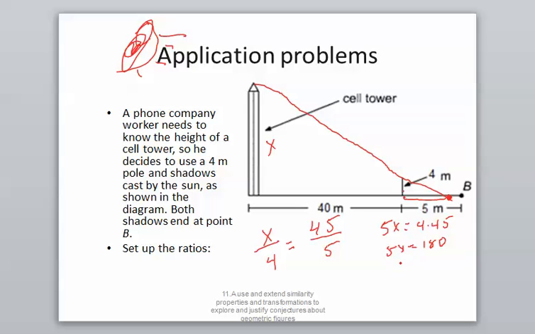And that x is equal to 180 divided by 5. Let's see, that's going to be 36 is equal to x. That means the cell tower is 36 meters high. Do you see how I use the ratios to find that?